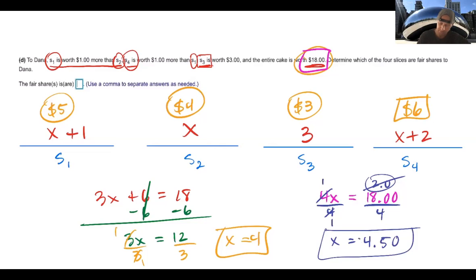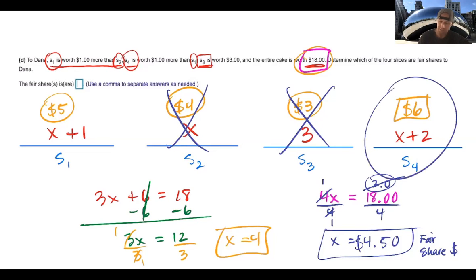We're looking at a fair share of $4.50. That's our fair share price. And as you can see, that negates 2 and 3, so we will have a fair share for S4 and even S1. So those would have been our answers for part D. Very similar to parts A through C.